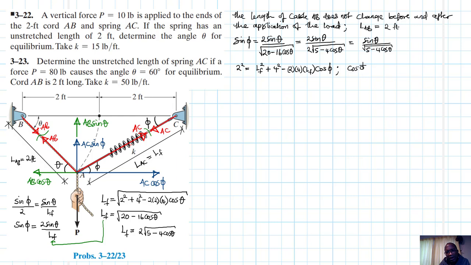So cos phi is just going to be equal to, of course it goes the other side, L final squared plus 16 minus 4, which is 12, all divided by 8 L final.